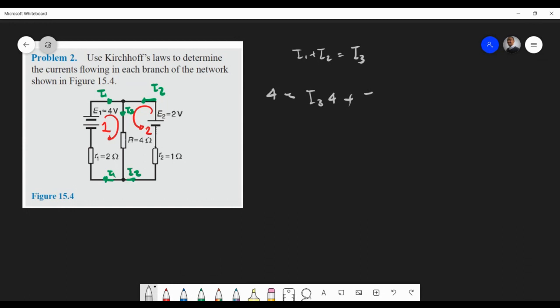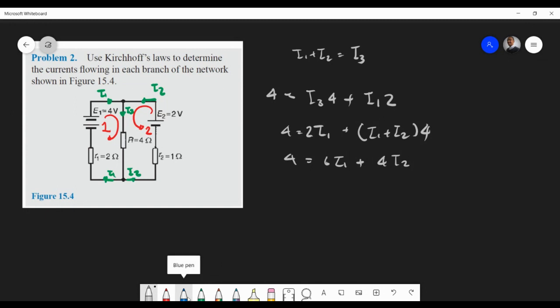And then we have I1 times 2. And of course, we can split this up, and I'll put this in this form. I3 is I1 plus I2 times 4. And we sum all of them up. This is going to be 6 I1 plus 4 I2.